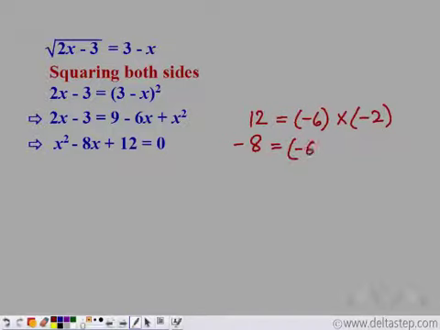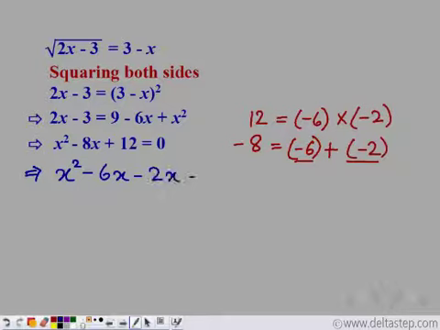And negative 6 plus negative 2, their sum is negative 8. So these are the two numbers required for splitting the middle term. So we write it as x square minus 6x minus 2x plus 12 equal to 0.